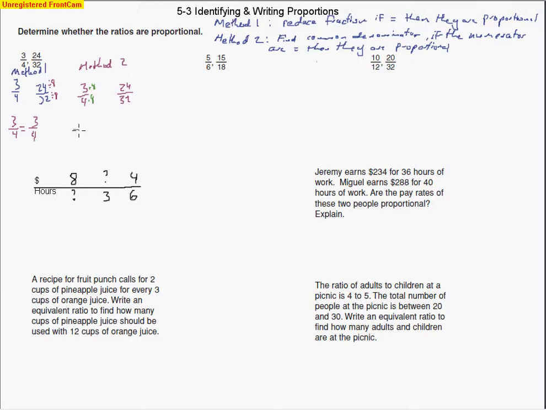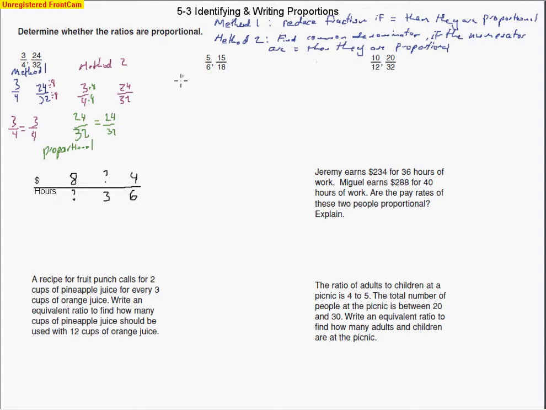So I'll be able to compare the two fractions, looking at the numerators. So when I do that, I get 24 over 32. And so when we end up with the same numbers on the top and bottom of the fraction, that means the two fractions are proportional. And so again, you don't have to show your work both methods, just one method would do.